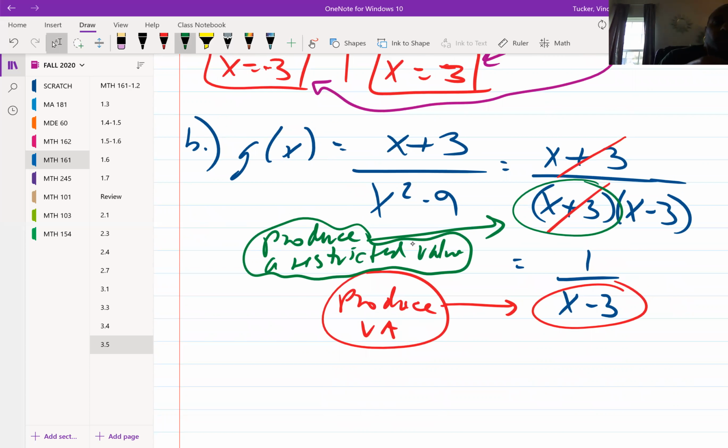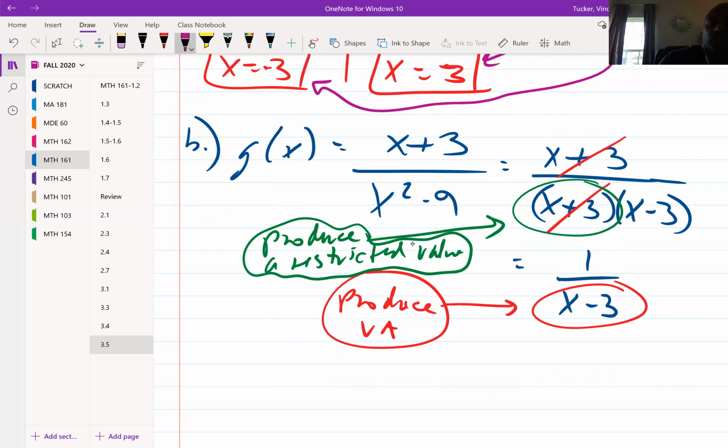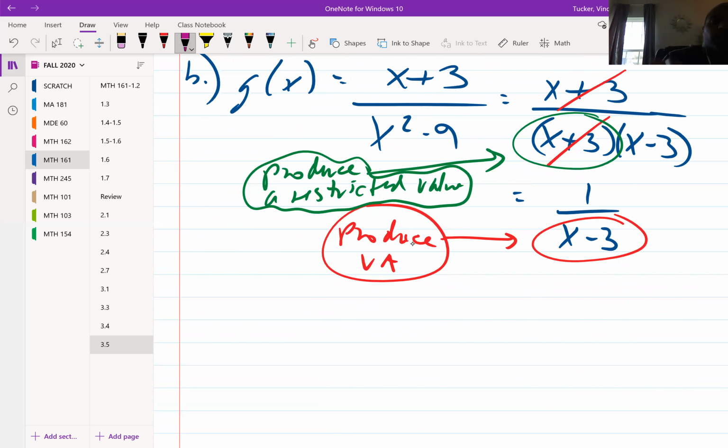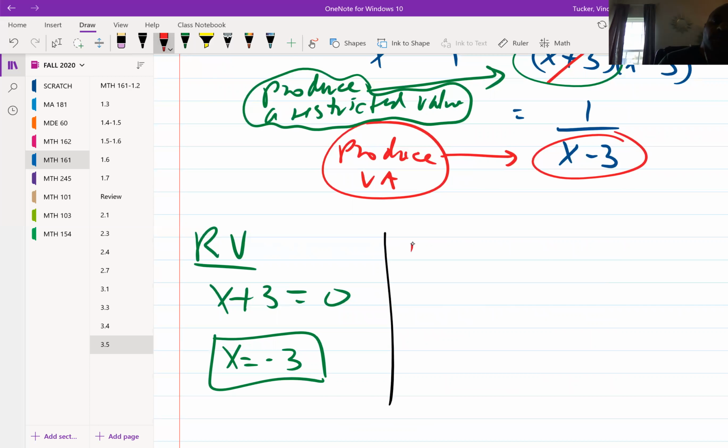All right. So if I go ahead and set both pieces equal to 0, and just remember which one is going to give me what, the restricted value is going to be x plus 3 equal to 0, which would be x equal to -3. And the vertical asymptote, x minus 3 equal to 0, is x equal to 3.